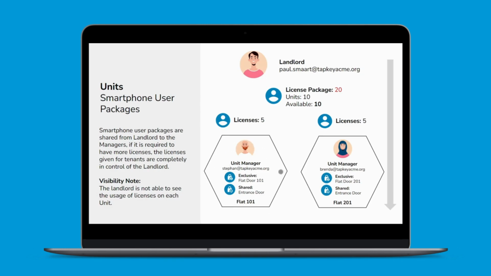The unit or the locking system created for Stefan and Brenda is not going to be able to be extended by purchasing additional licenses. They will need to contact the landlord in order to extend the license contingent for their units.